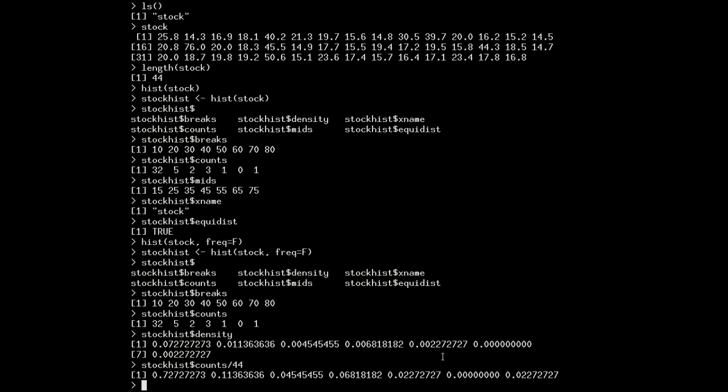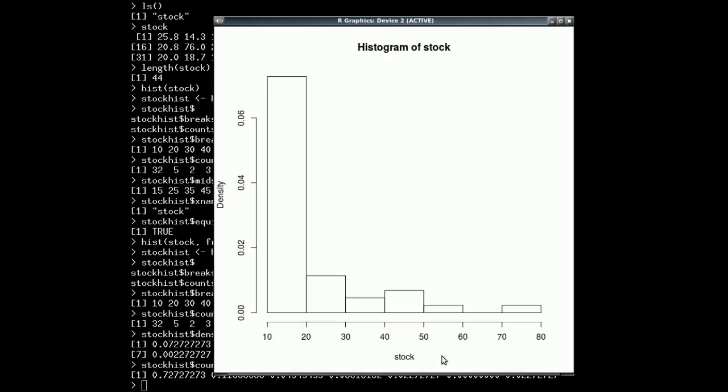So why is that the case? So what is density actually giving us? Well, the idea in the density is that the frequency of elements inside one of these bins is going to be equal to the area of that rectangle. And so the area of the rectangle just being base times height, well, we've got a height of the actual density value.